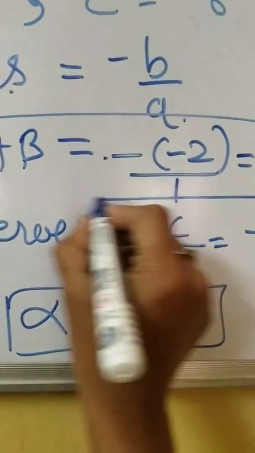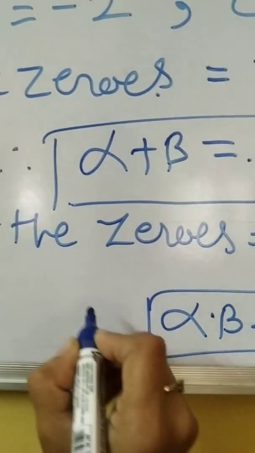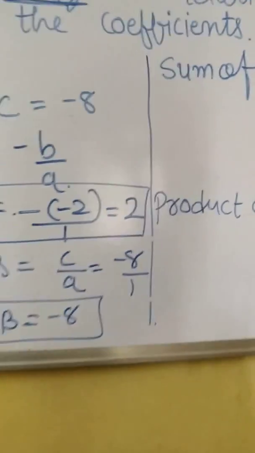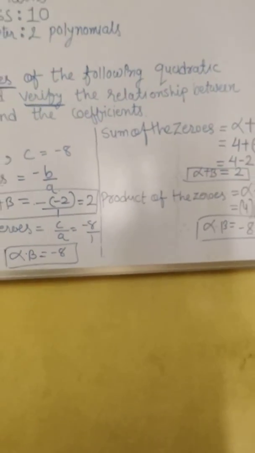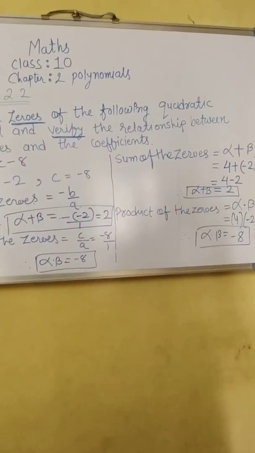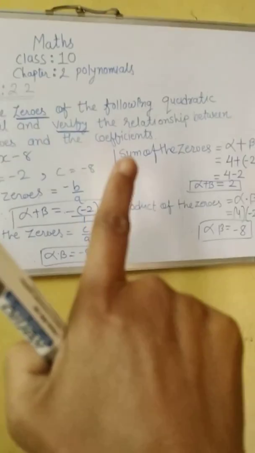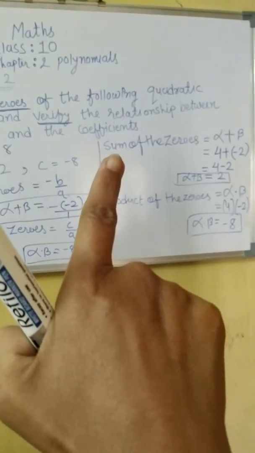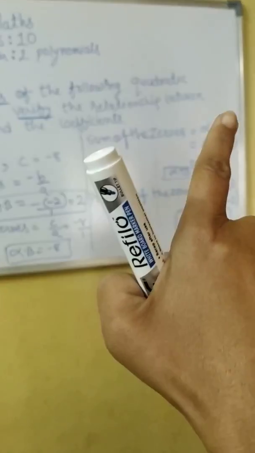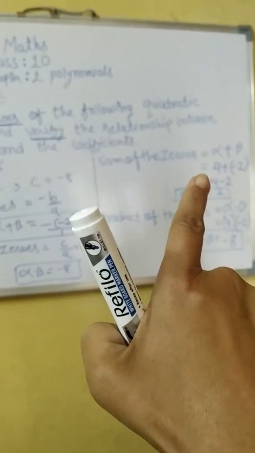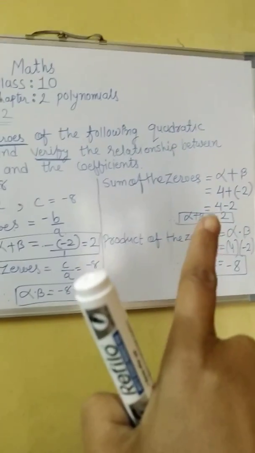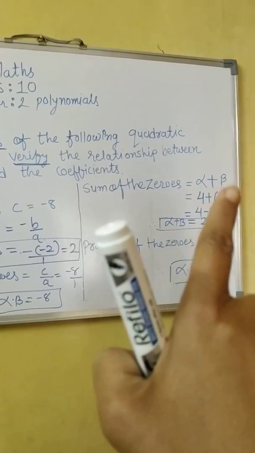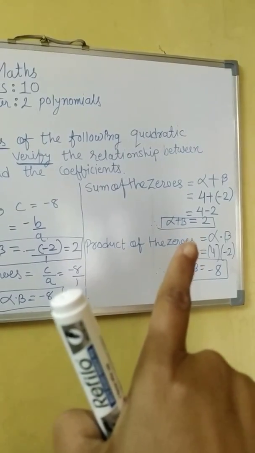And your alpha plus beta is 2. Now from both the processes you got the same value. Here you can see from this method simply you got the zeros, and if you are adding your zeros, means alpha plus beta, you got 2.